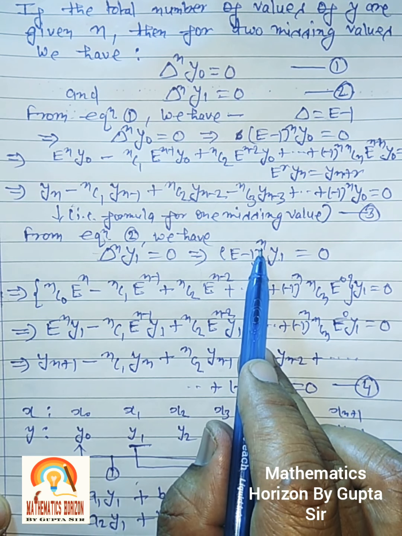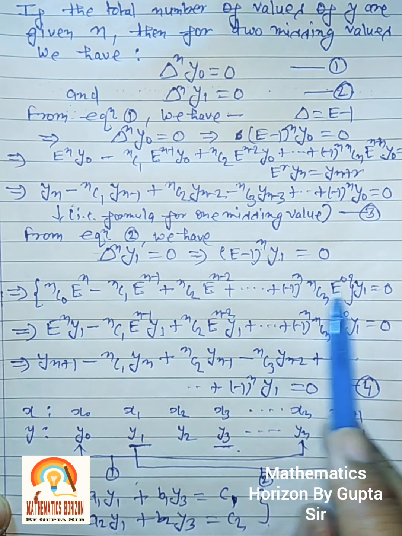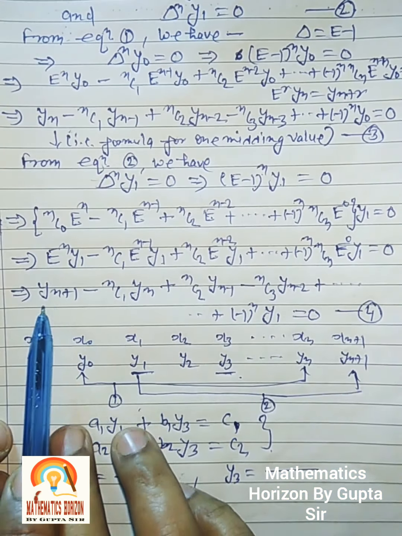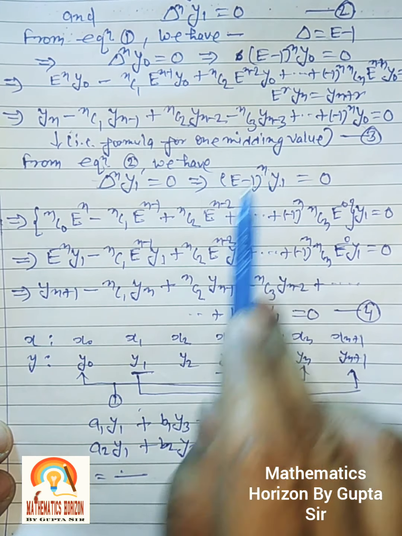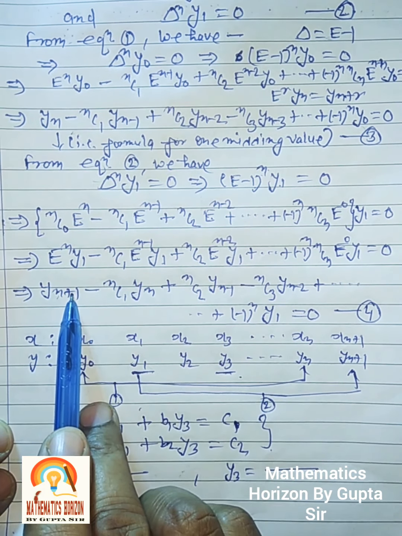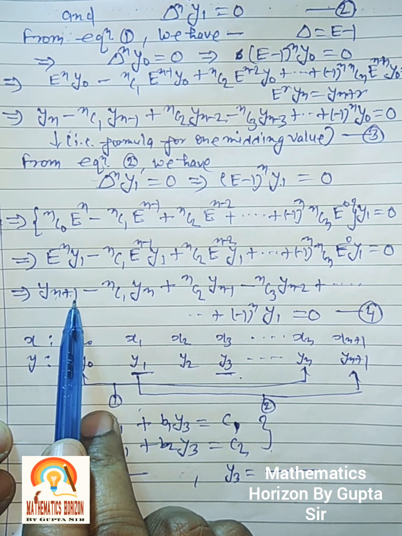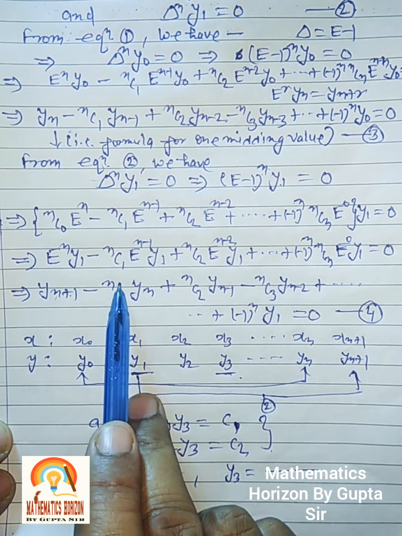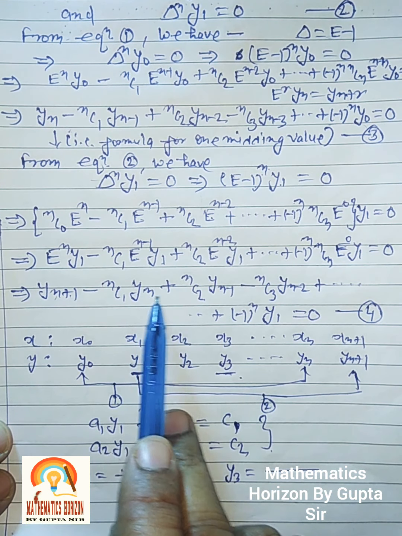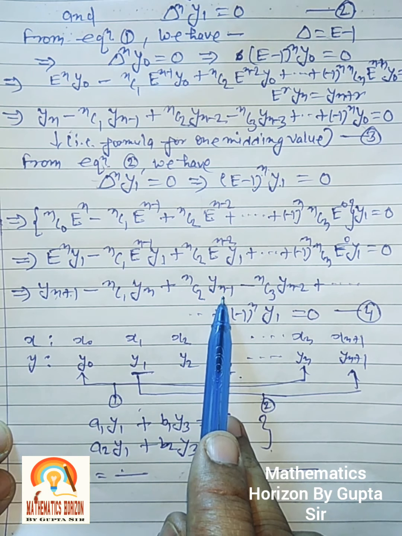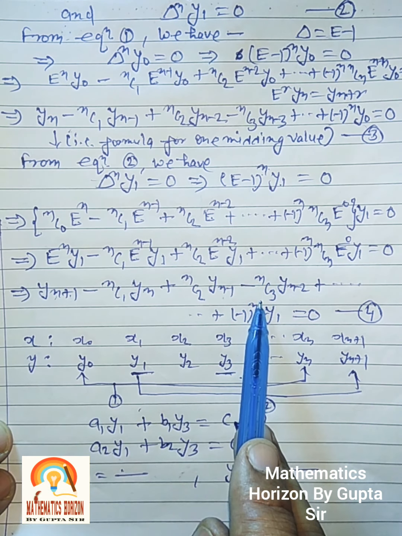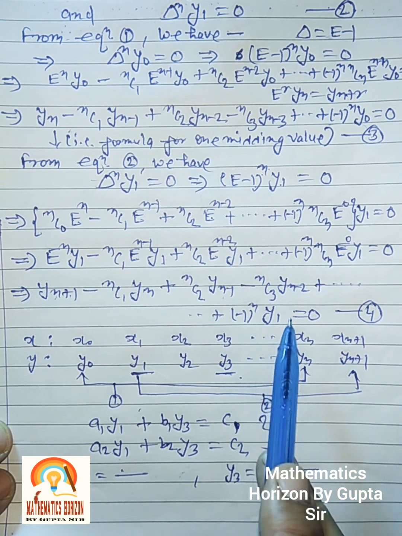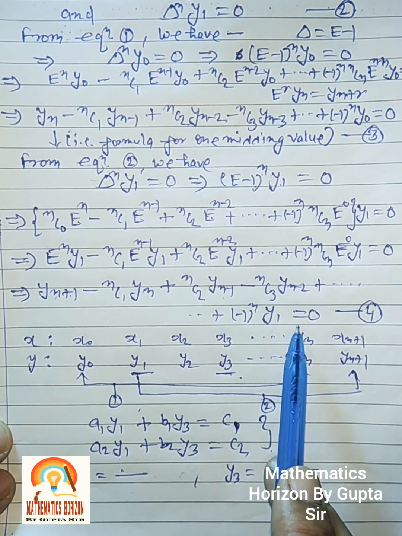Here we have n equal to 5. Now, by using the binomial theorem, we get this equation. When n equal to 5, n plus 1 means y6, so we get y n plus 1 minus nC1 yn plus nC2 yn minus 1 minus nC3 yn minus 2, up to minus 1 to the power n y1.